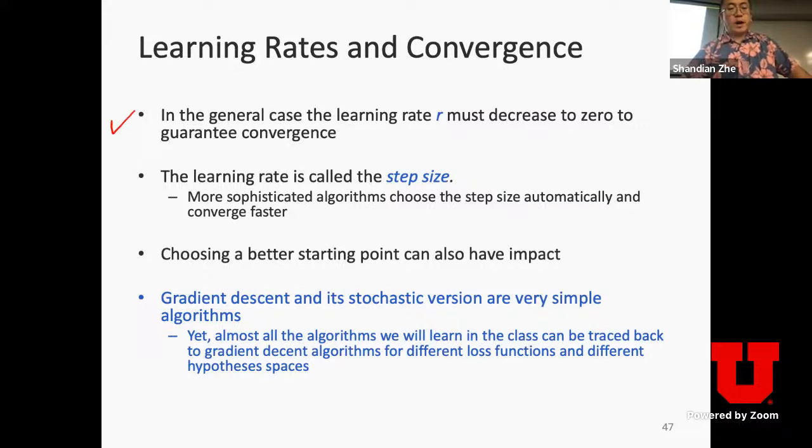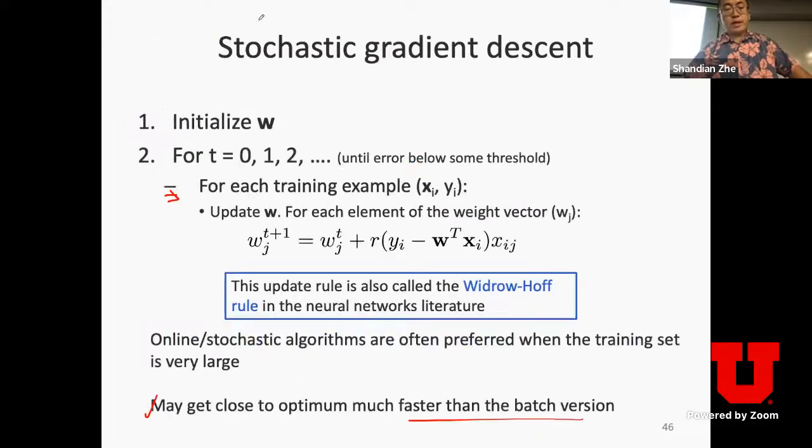Now we should talk about R, right? We see that in both standard gradient descent and stochastic gradient descent, you have to choose a learning rate R, which controls how much you want to update the model according to the current gradient, either the gradient or the stochastic gradient, right?